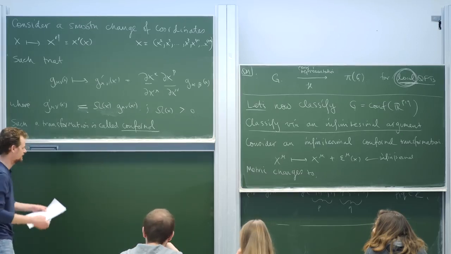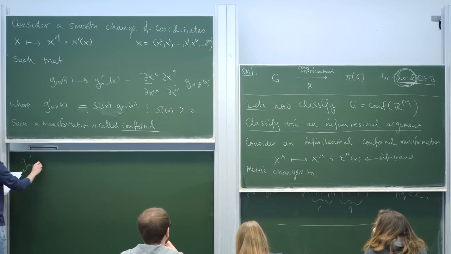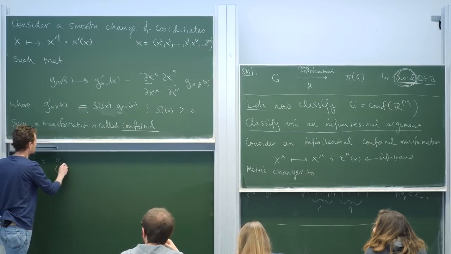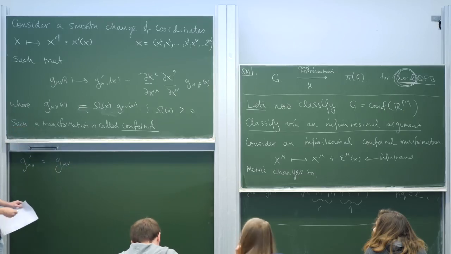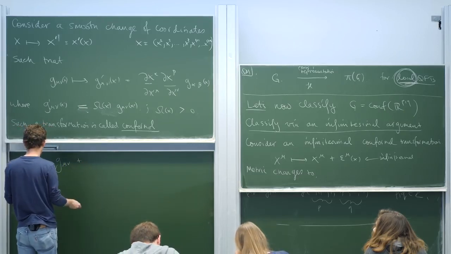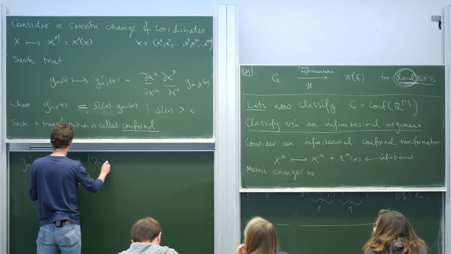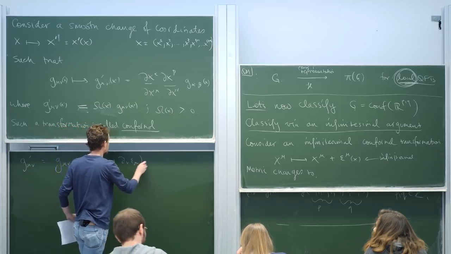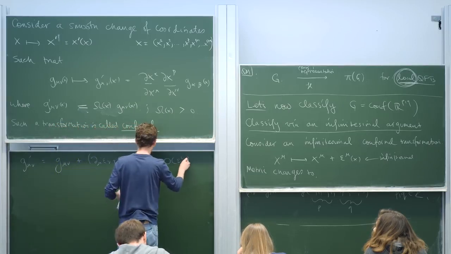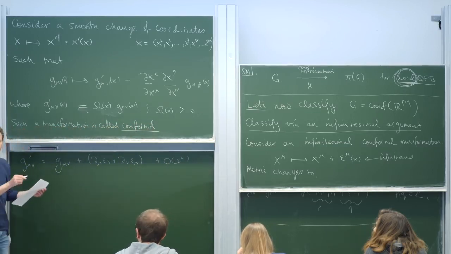How does the metric change? Well, it's a little exercise. The new metric looks like the old metric plus something to order epsilon. I'll leave it to you to really verify this. I verified it in about a line here.